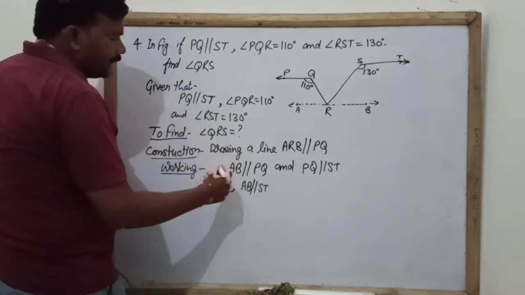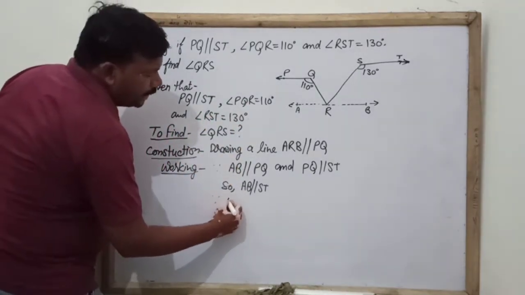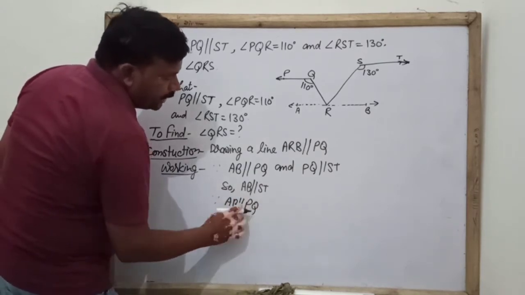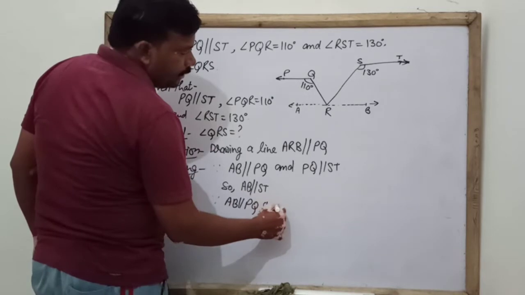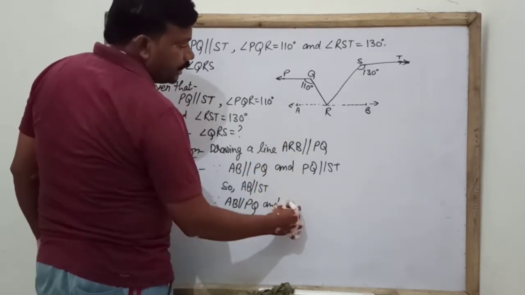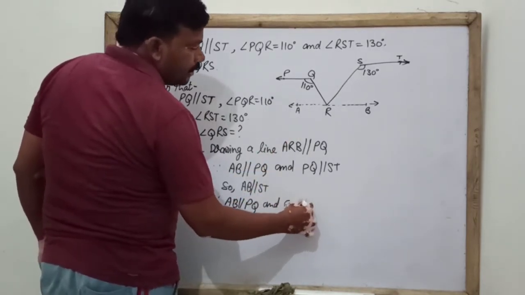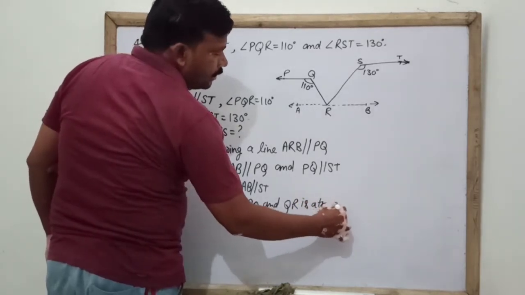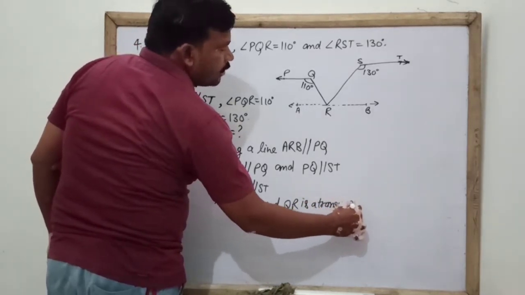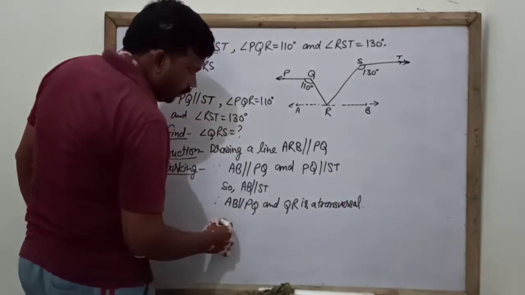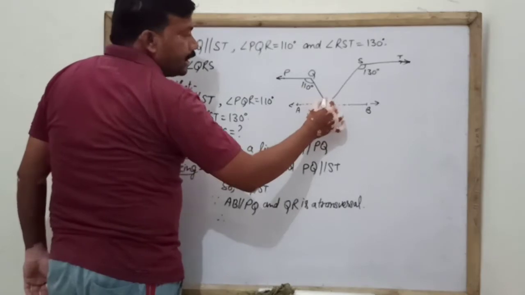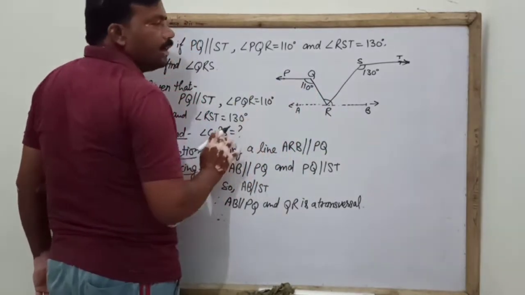First of all we will take, since AB parallel to PQ and QR is a transversal, so this angle equal this angle.